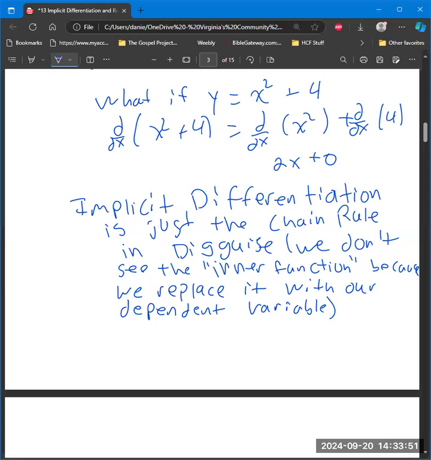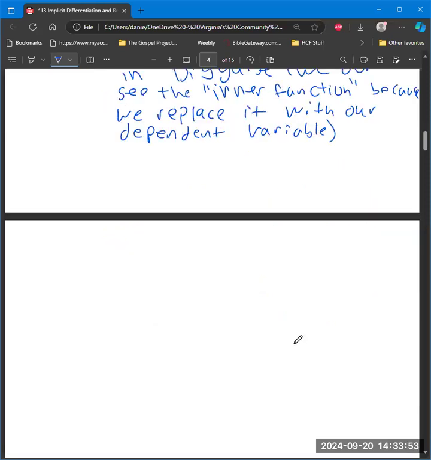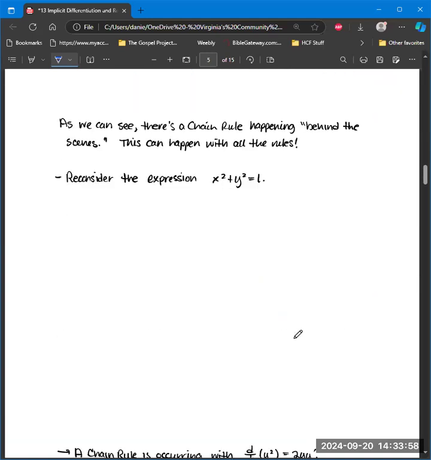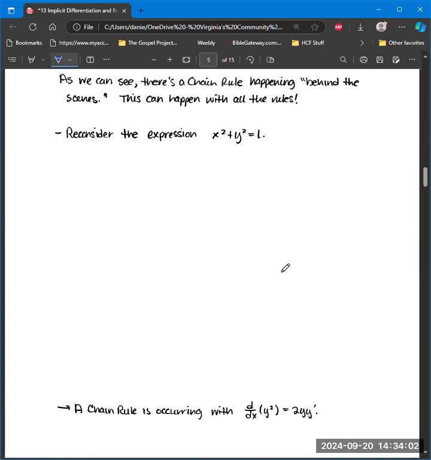As we can see, there's chain rule happening behind the scenes. This is what happens with all of the rules that have a chain rule.